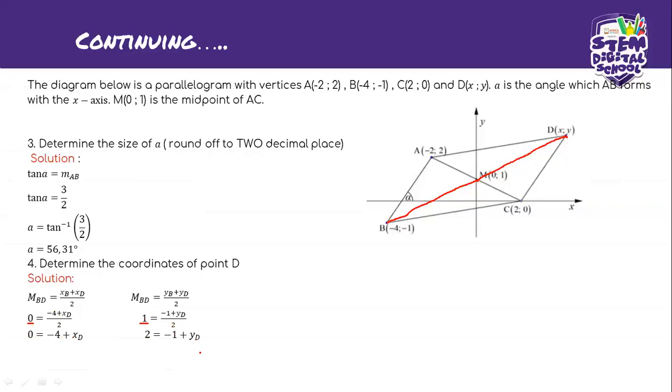And therefore, you are going to transpose now, because in this case we want the x value for D, and we also want the y value for point D. Now we have determined the x value for D, which equals 4.